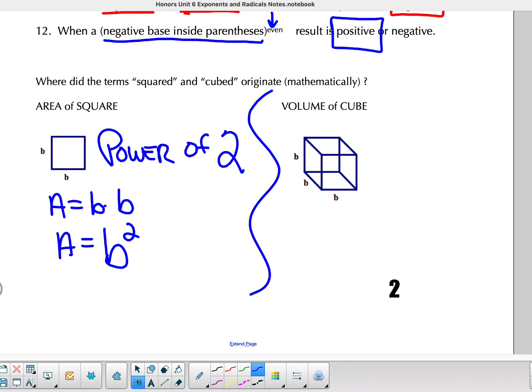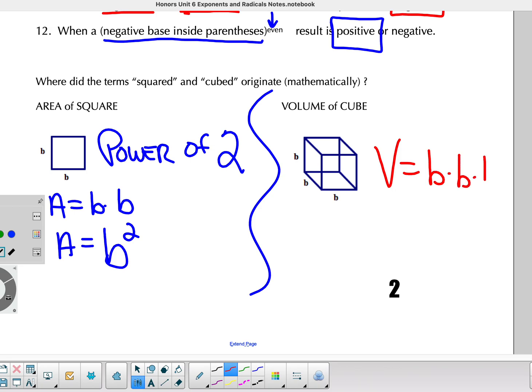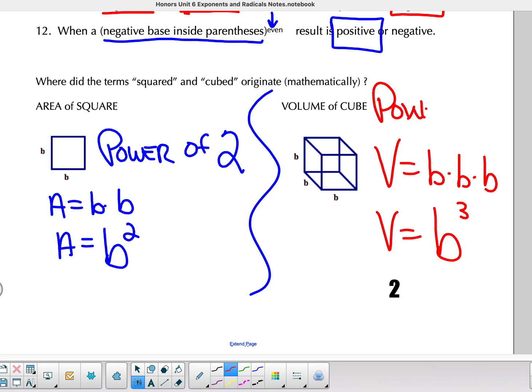And then volume adds a dimension, base times base times base. This results in b raised to the power of 3, which originated from the cube, and that's why when something is raised to the power of 3, it's sometimes called cubed. 3 cubed, x cubed, y cubed. That's the origin of the two expressions.